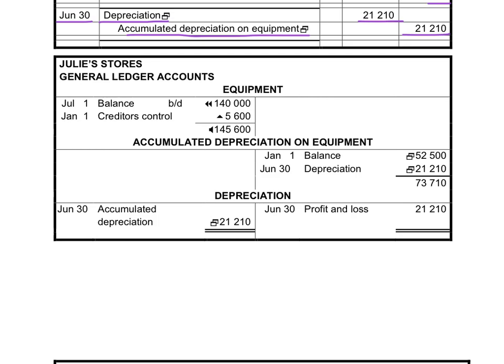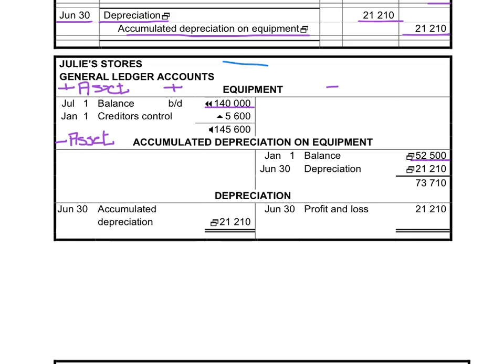The equipment account will be opened with a balance of 140,000 on the debit side. Equipment is my positive asset, and assets increase on the debit side. Accumulated depreciation is my negative asset, so it means it must decrease the asset, and therefore the balance will always be on the credit side.